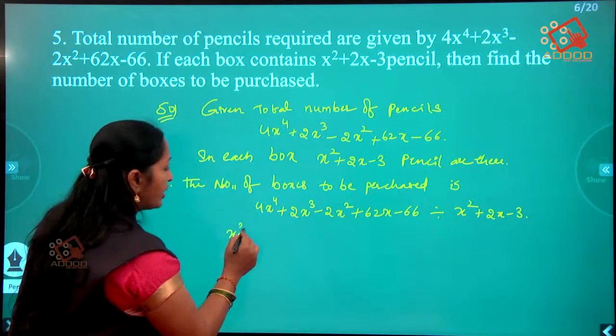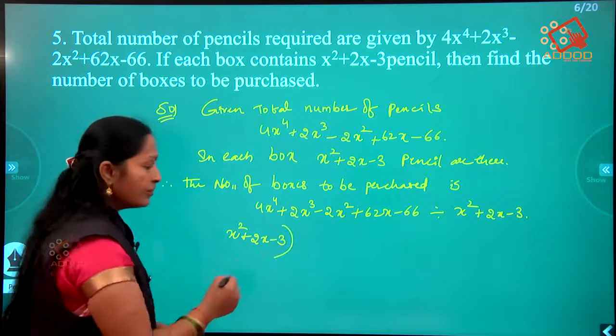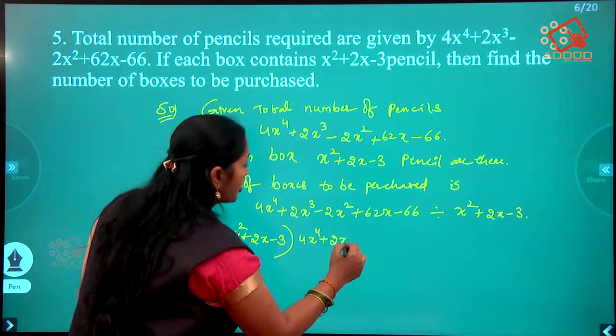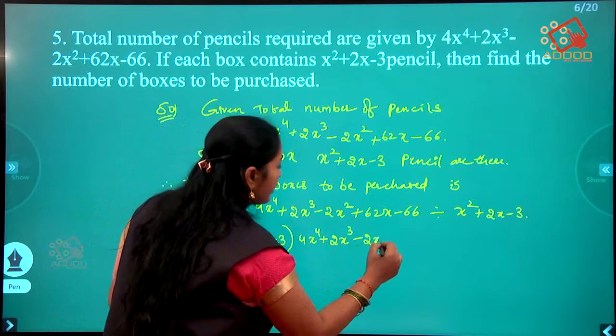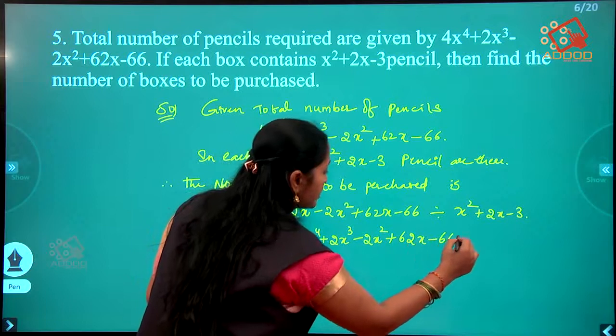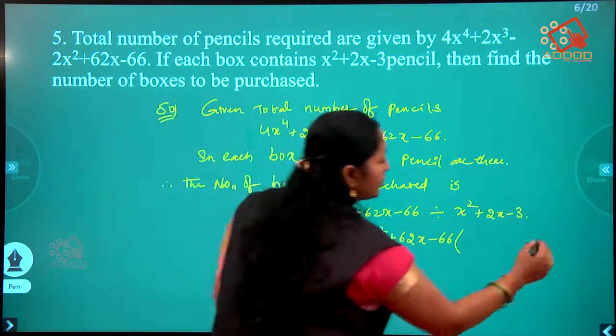Now x square plus 2x minus 3 is the divisor, and 4x power 4 plus 2x cube minus 2x square plus 62x minus 66 is the dividend. We want the first term in the quotient.